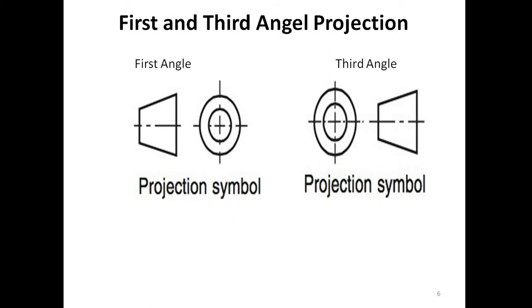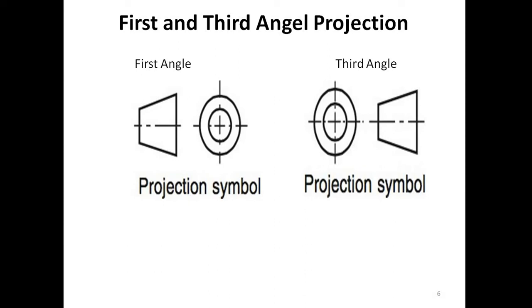Similarly, in the third angle method it is the opposite: the left hand side view is drawn by looking from the left side, the right hand side by looking from the right side, the top view from the top face, and the bottom view from the bottom face. Here the first angle symbol is there, and the third angle symbol is there.